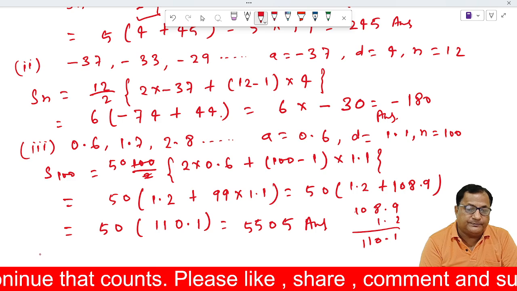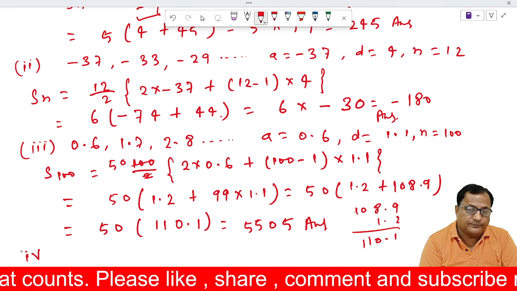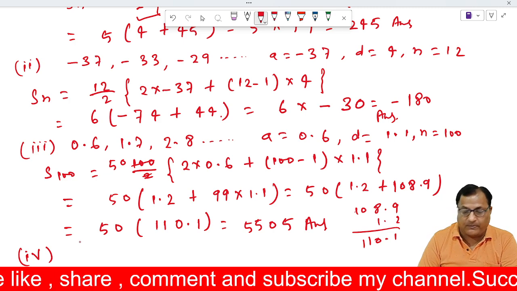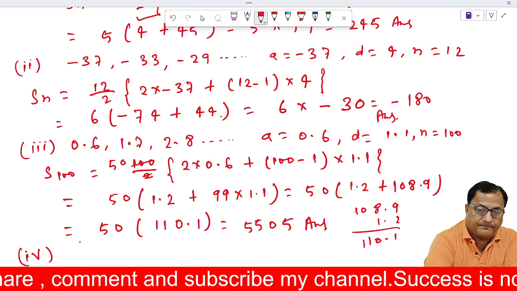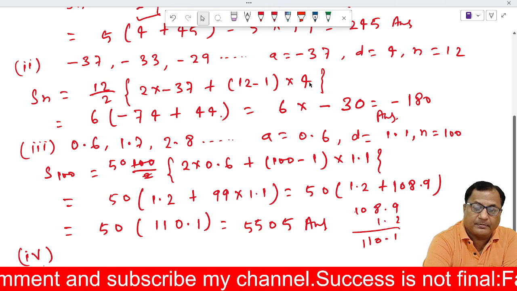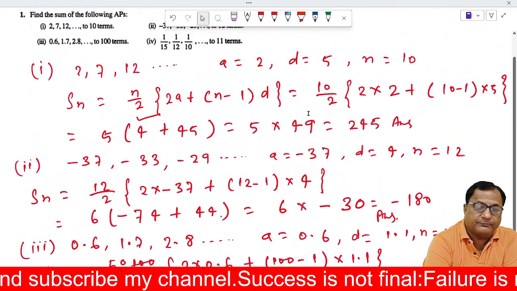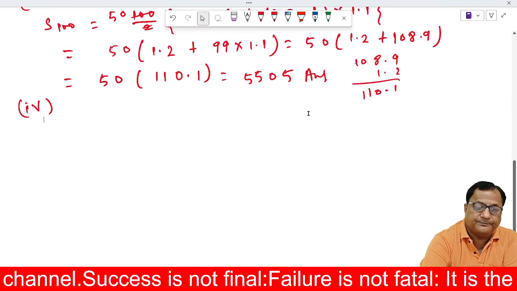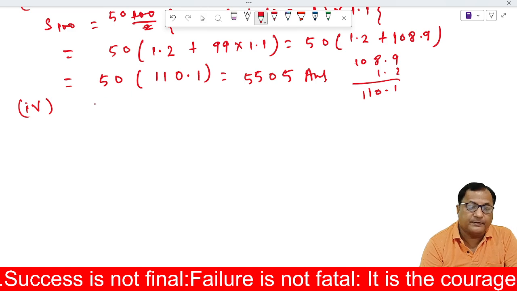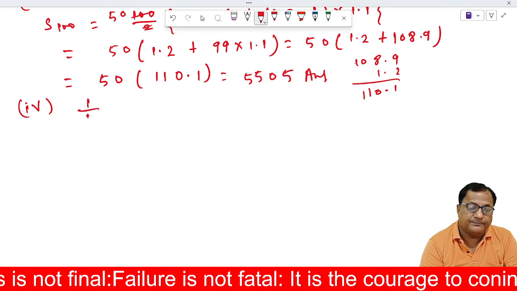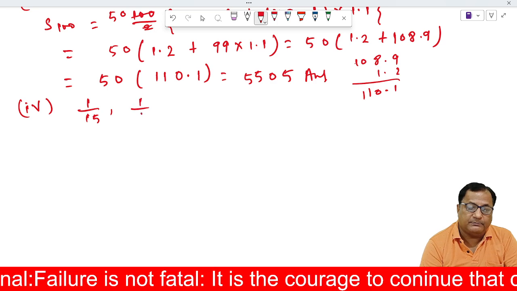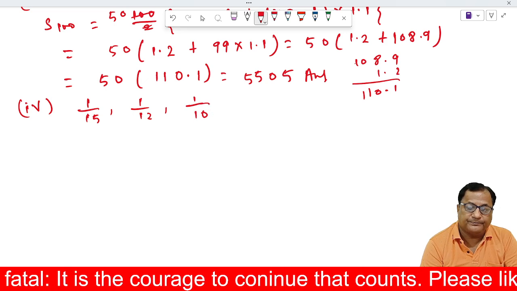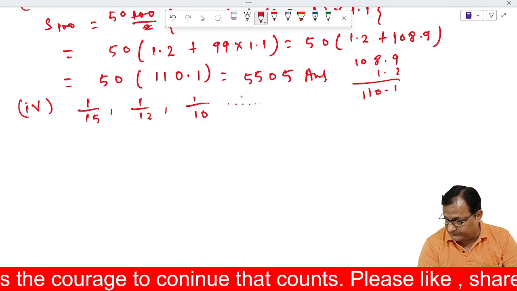Now see question number 4. Question number 4 is 1 by 15, 1 by 12, 1 by 10, up to 11 terms.